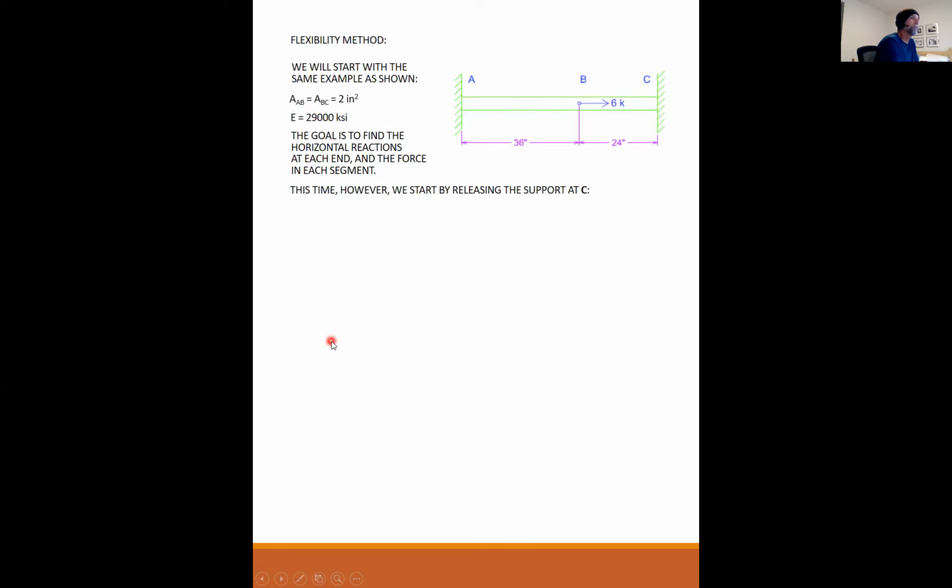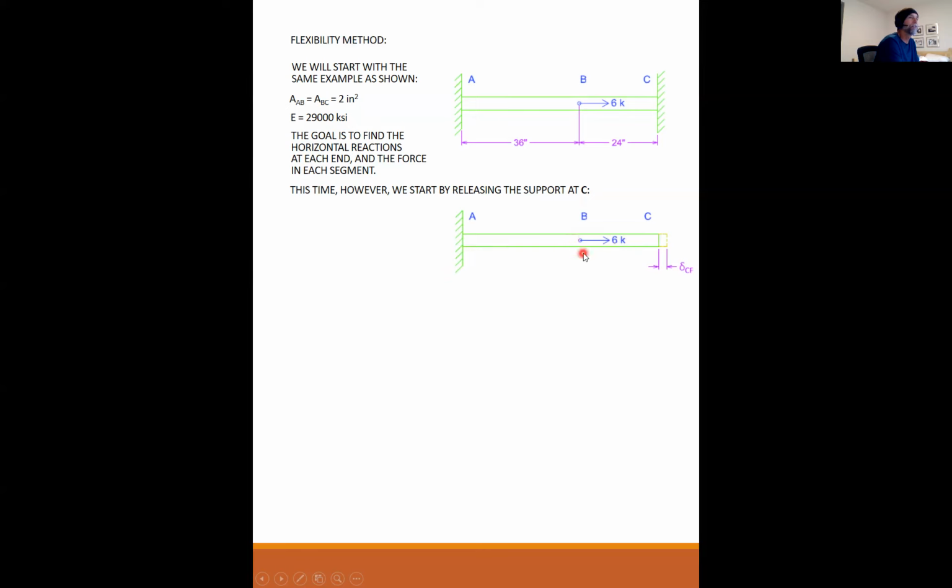However, the flexibility method, we're going to start by releasing the support at C. And it could be A or C, it's kind of arbitrary, but I'm used to looking at it from the C side.